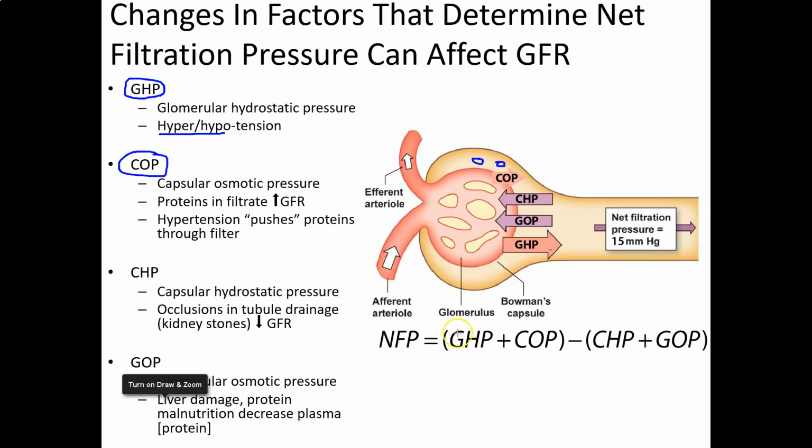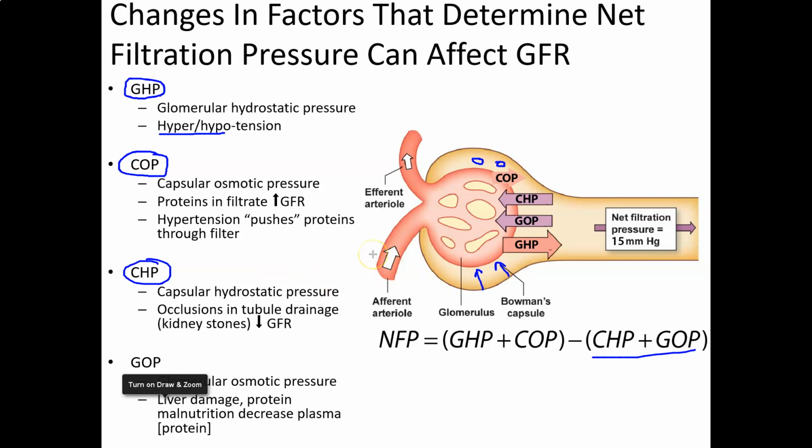Going on the other side, this is the putting fluid back in, the reabsorption side down here, CHP and GOP. The capsular hydrostatic pressure is the pressure of water basically pushing fluid back onto the glomerulus.